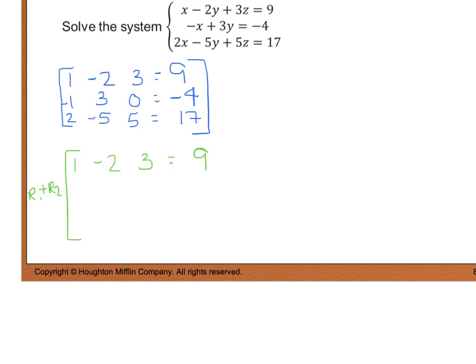So 1 plus a -1 is going to give me 0. -2 plus 3 is going to give me 1. 3 plus 0 is going to give me 3, and this is going to equal 9 plus -4, which is 5.